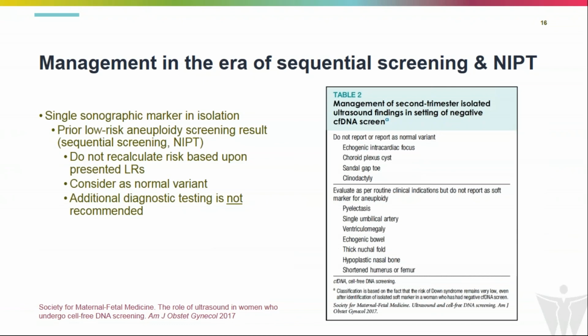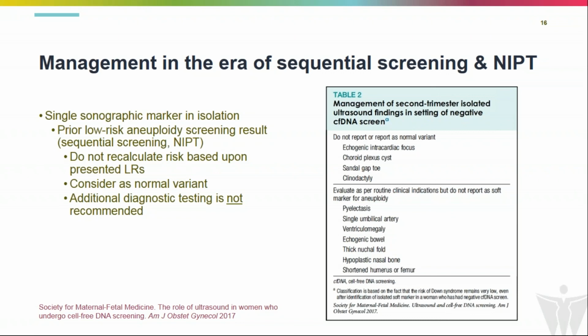There are a number of other findings, as you can see here listed, pyelectasis, ventriculomegaly, and echogenic bowel, where yes, there is follow-up that is required, but the association with aneuploidy can be minimized. Of note, additional diagnostic testing is not recommended in these situations.